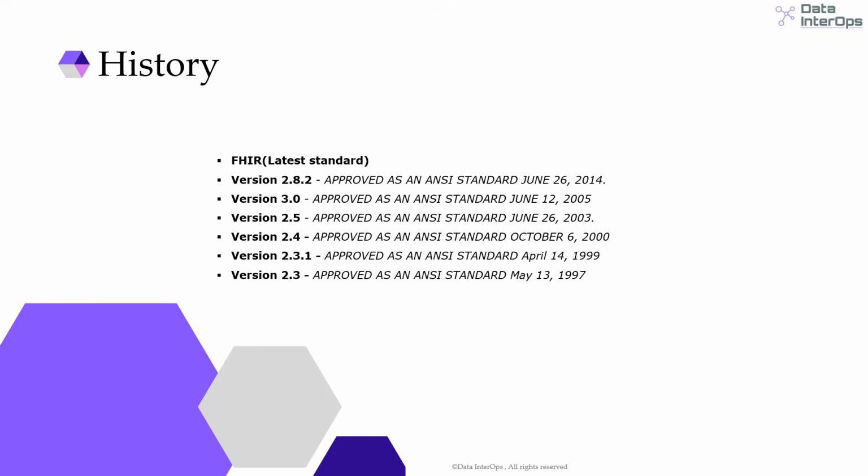It was released in 1997 as an official release, which is 2.3. Prior to that, it was version 1 or 2, or maybe a standard for trial use. But 1997 marked the first release of HL7 V2, with version 2.3.